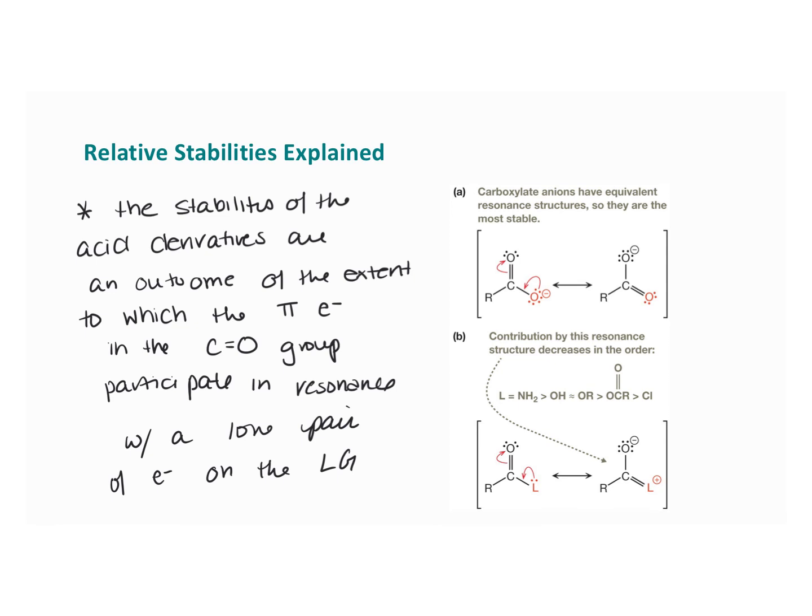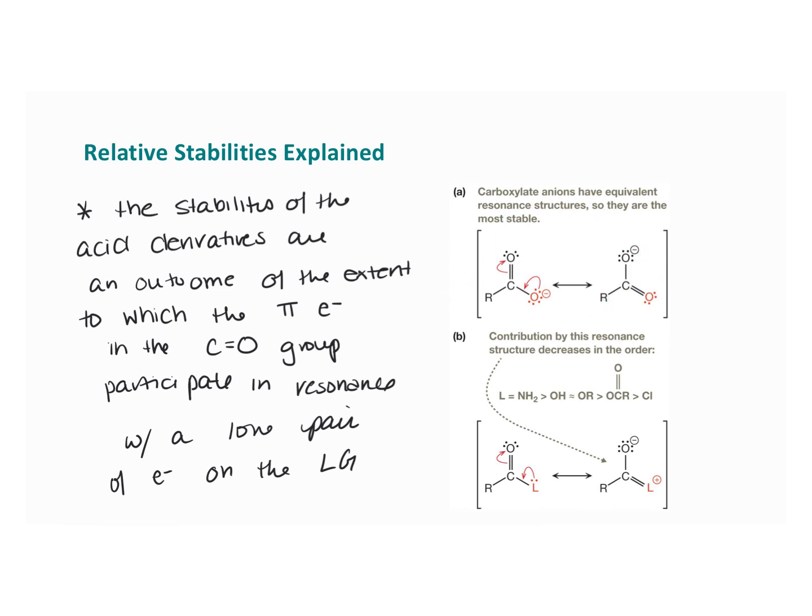And so what happens here, right, is when we talk about the resonance, you can see here these pi electrons are delocalized the most in the carboxylate anion because it has two equivalent structures. Okay, so here are the resonance structures here.